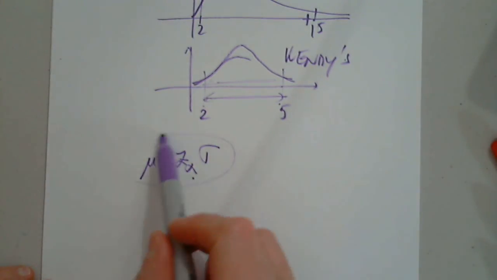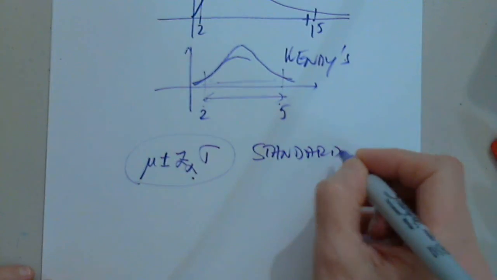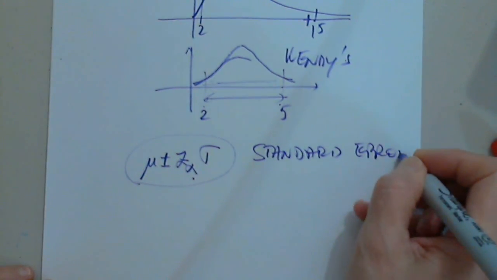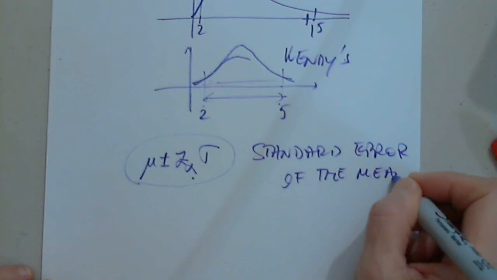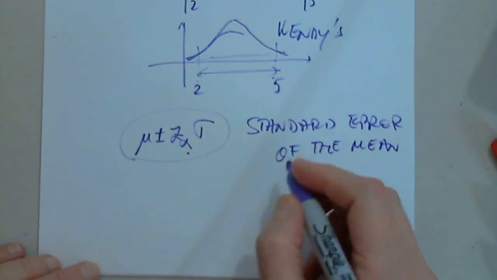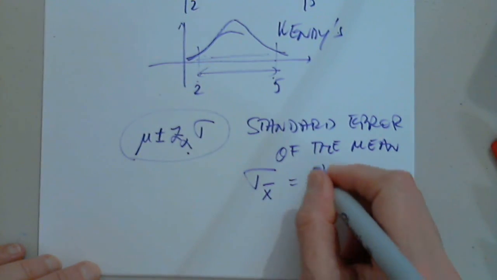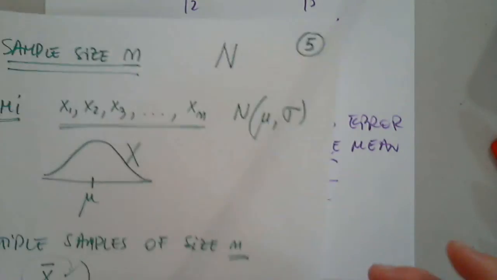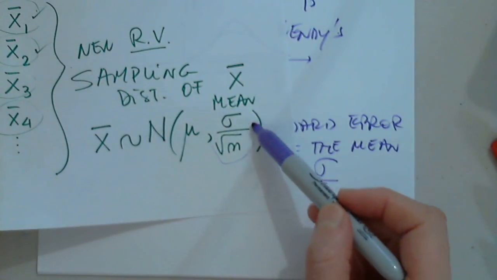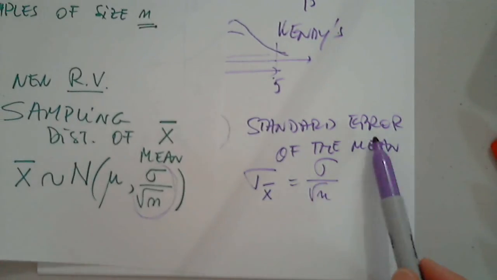So we're going to talk about the standard error of the mean. That's correct. They denote sigma x bar as sigma over the square root of n. That's what we had. That's the standard error of the mean.